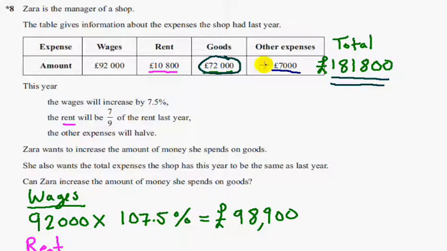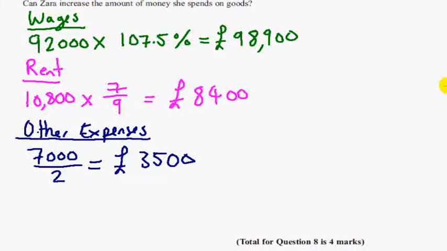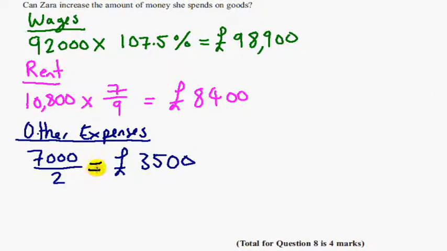So we still need to add on the goods, £72,000. Now if we add all of these up, that will show us whether she can actually increase the money for goods or if she's already overspent.